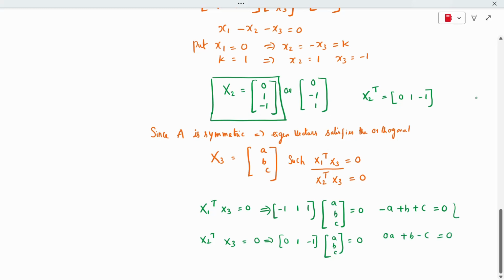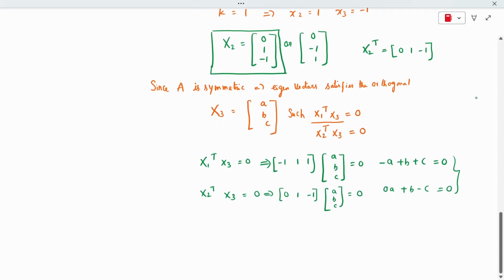Now I have two equations, solved by the cross multiplication rule.